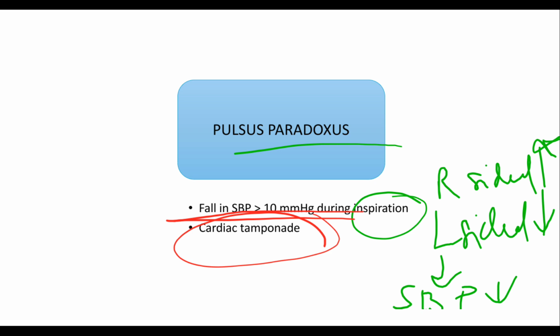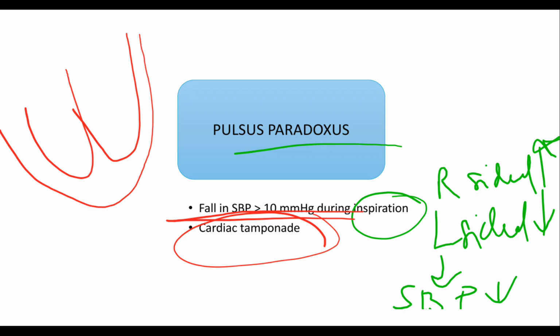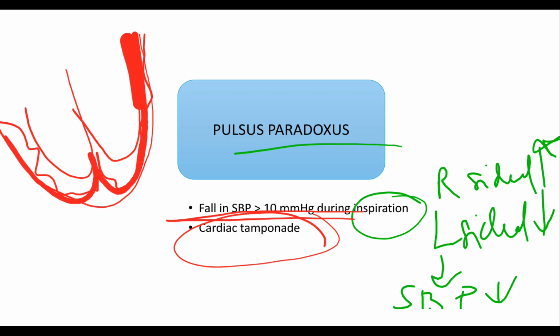It's seen in cardiac tamponade, because in cardiac tamponade there is interventricular interdependence. The pericardial space is completely filled with blood, so it stops blood from filling into the ventricles.